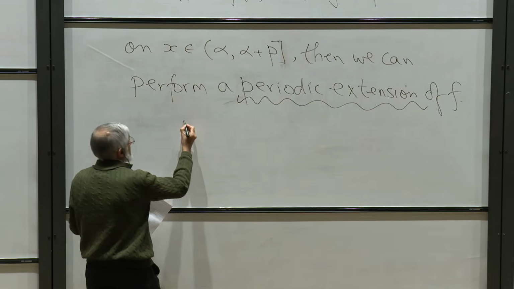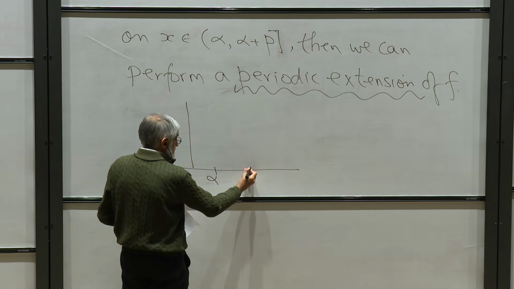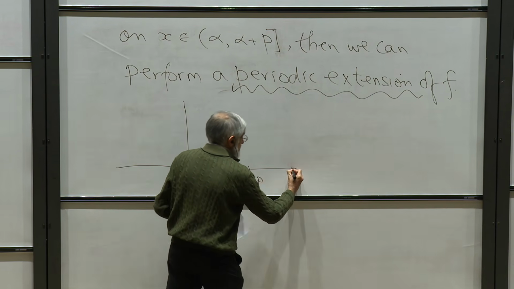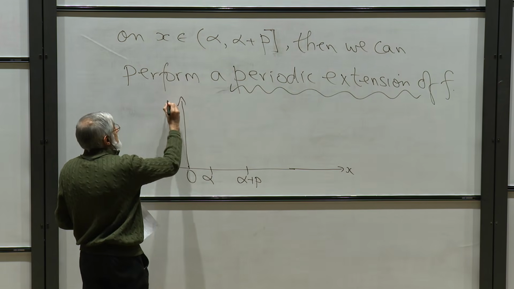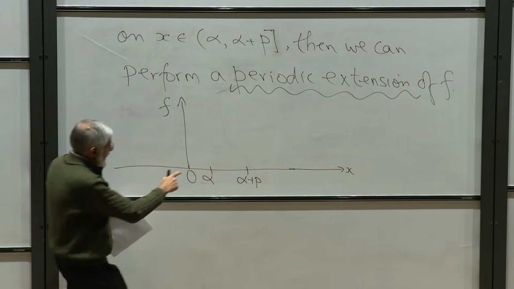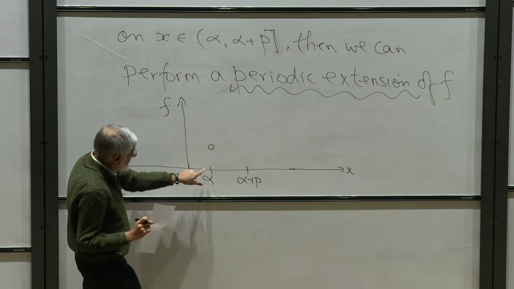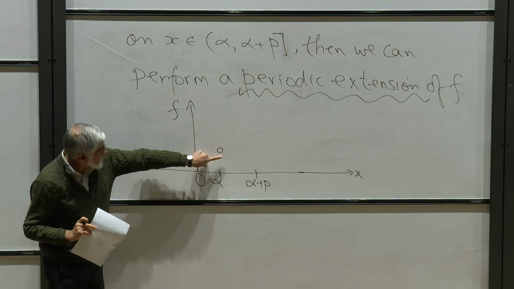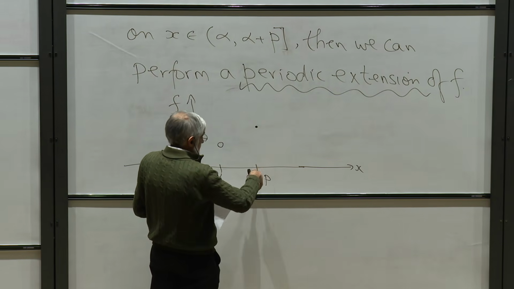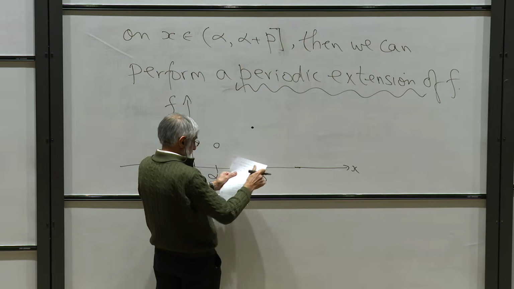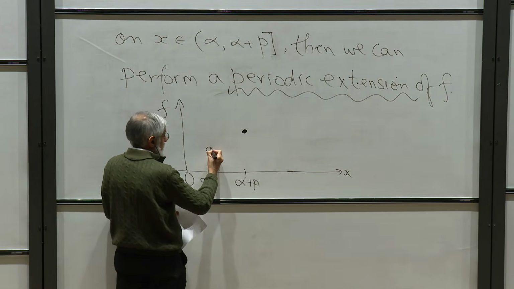And what does that mean? So suppose here is alpha, and here's alpha plus p. And this is f. I assume you've come across this sort of notation before: it's not defined at alpha, so we put an open circle, and it's got some value at alpha plus p, so we put that as a filled circle, and suppose it looks something like that.